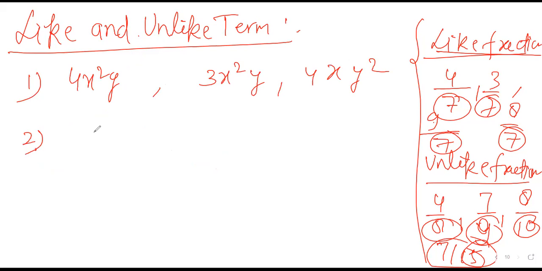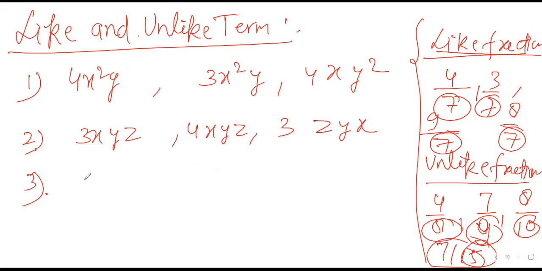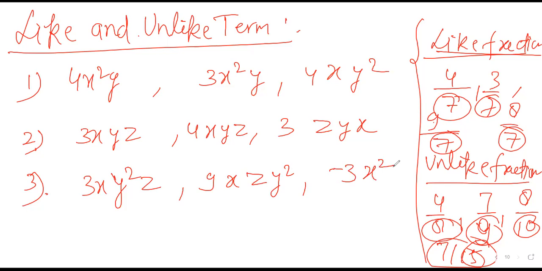First case, second case. 3xyz, 4xyz, 3zyx. Third, 3xy, 3xy square z, 9x zy square, and minus 3x square y square z square. Which are like terms, which are unlike terms?